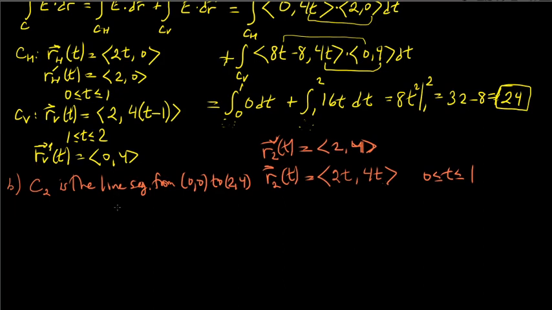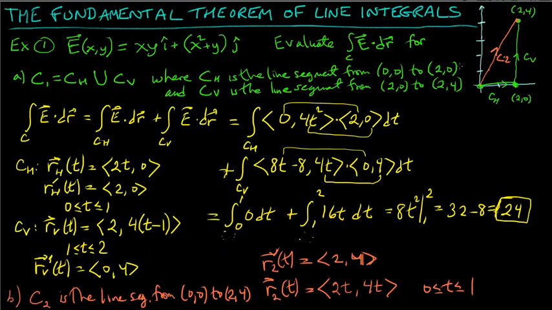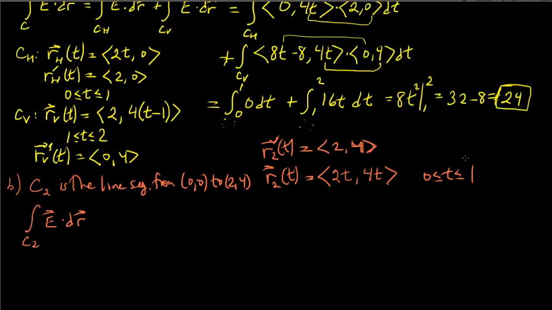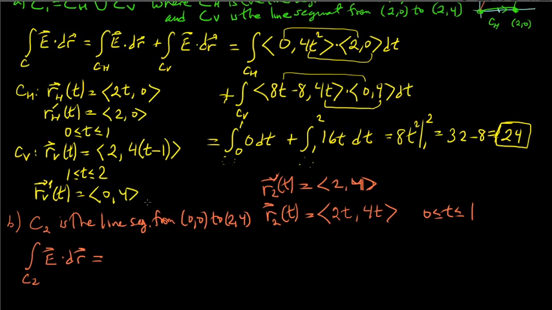All right, so again, the key was to calculate the line integral over this curve, or this line segment. We already parameterized r, and so E, what was E again? E was x times y in the x component.